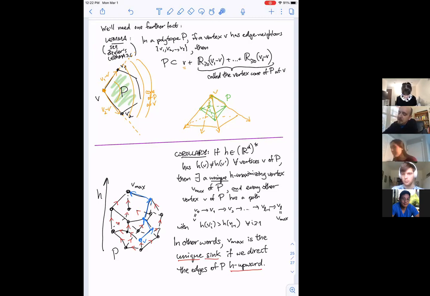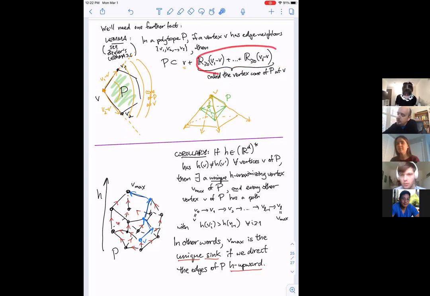It says when you start at some polytope P, like this polygon here, or this octahedron, and you pick a vertex V, you look at all the vertices that are along edges from V and take the cone that they positively span along those edges. So you take the edge vectors emanating from V and positively span a cone that always contains the polytope itself. It's called the vertex cone of the polytope at V.